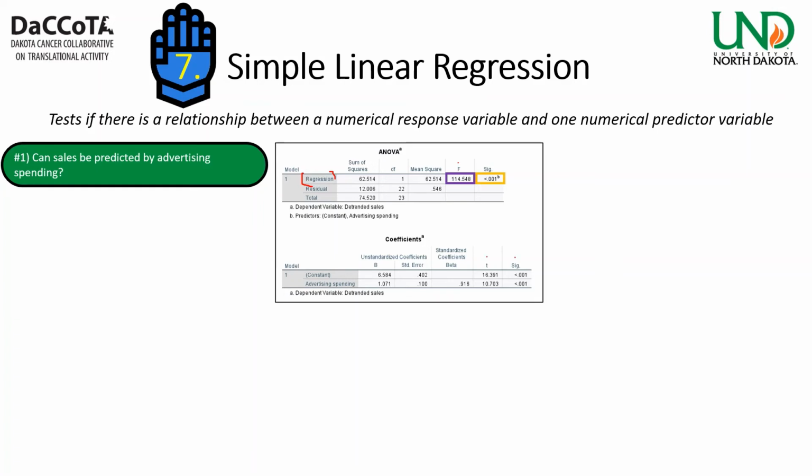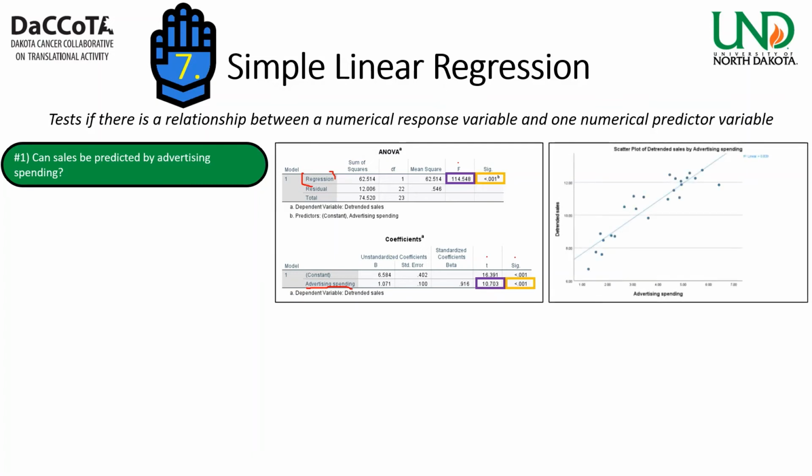There's the constant, also known in other models or other software as the intercept. But we're really looking for our advertising spending. That's the variable of interest. So this is again significant. And when we plot this, we see there was a significant positive relationship: as advertising spending went up, sales increased. So let's keep moving along.